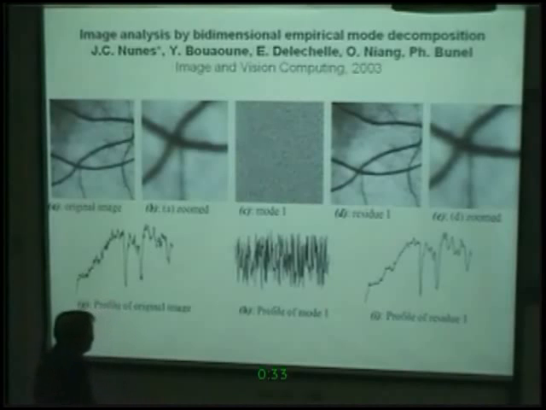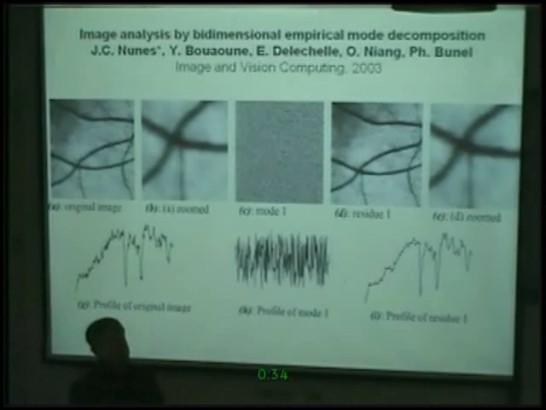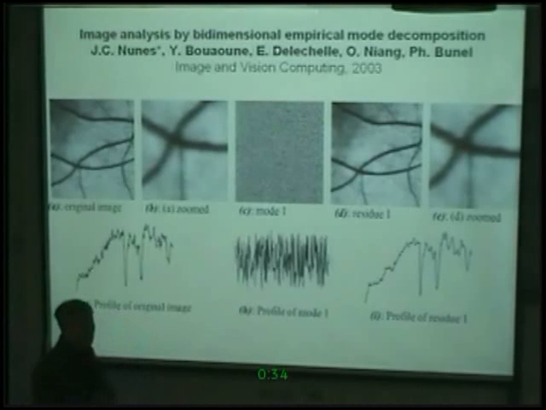But it indeed brought up certain features more clearly. That's a possibility. So for 2D EMD right now for medical application, the jury is still out. We have to ask the physicians or the radiologists to make the last call.